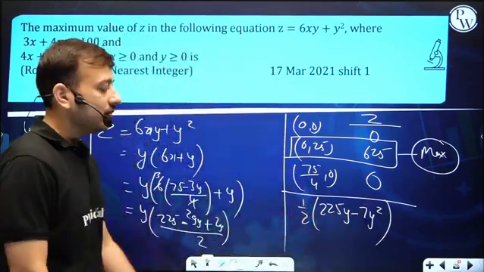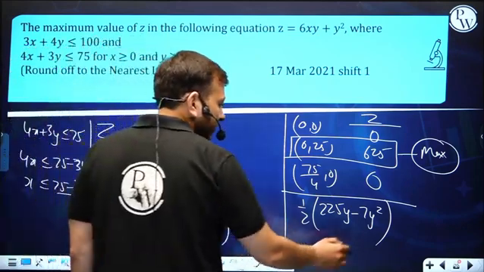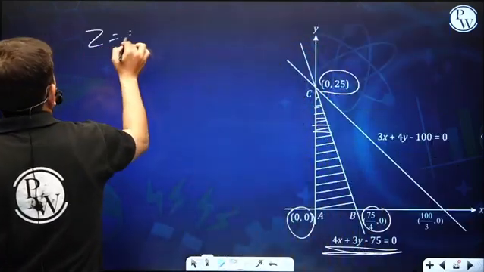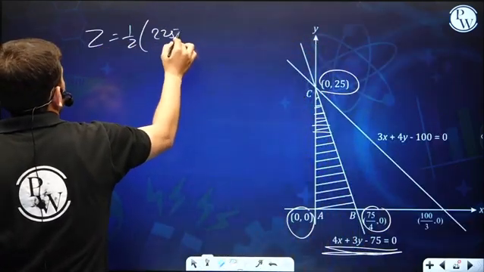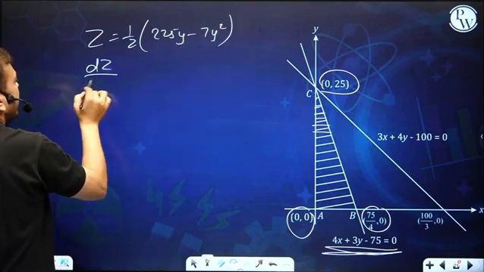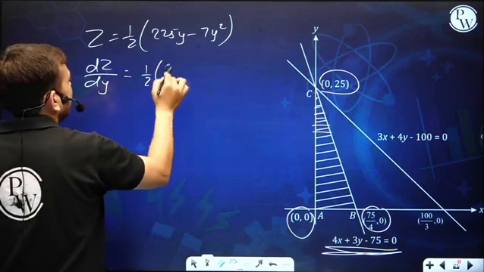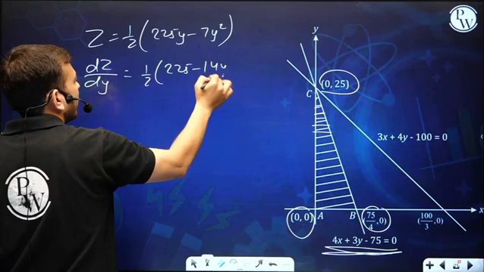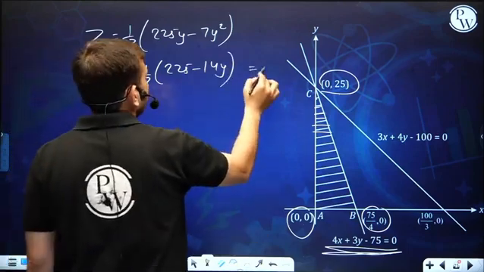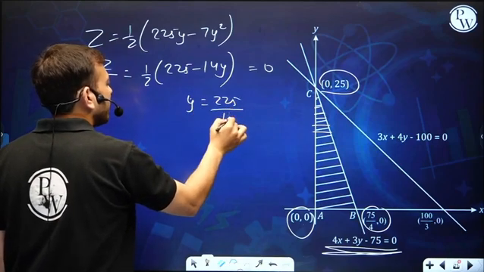Now take this as a function, z equals half (225y minus 7y square). So dz by dy for maxima minima is half (225 minus 14y). Now equate it to 0, and y will come as 225 by 14.